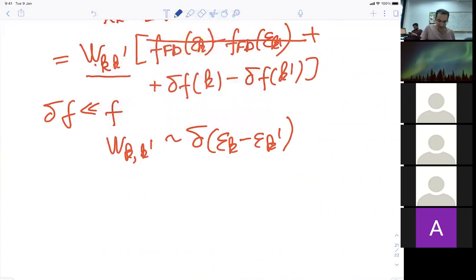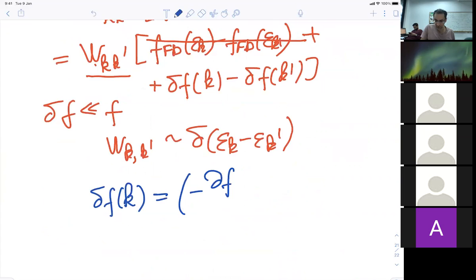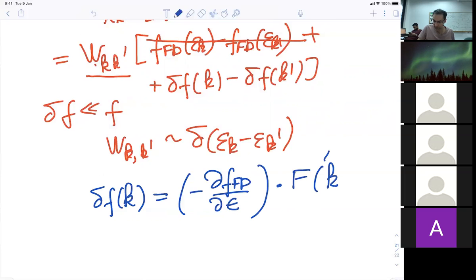We want to say that the delta f of k will be a derivative of the Fermi-Dirac function with respect to energy times a function that depends on the direction of k.